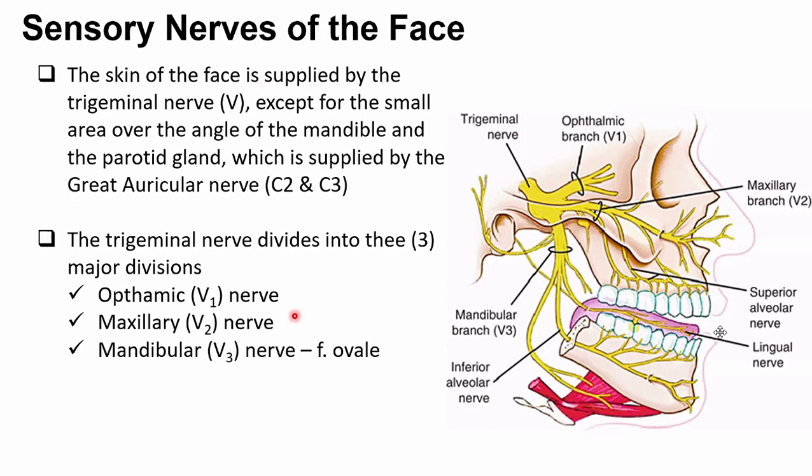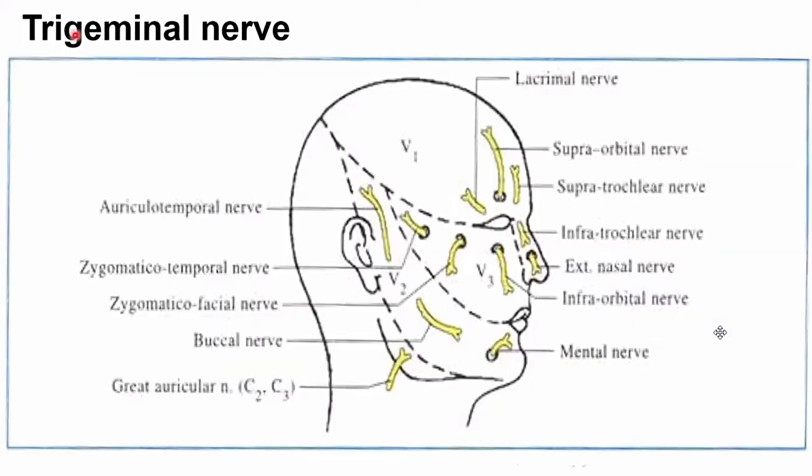So the sensory supply of the face comes from the trigeminal nerve, which has three divisions. The ophthalmic nerve supplies the forehead and the upper part of the scalp. That is the responsibility of the ophthalmic nerve.